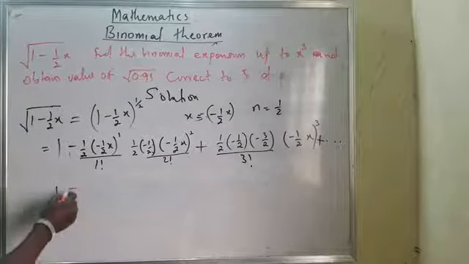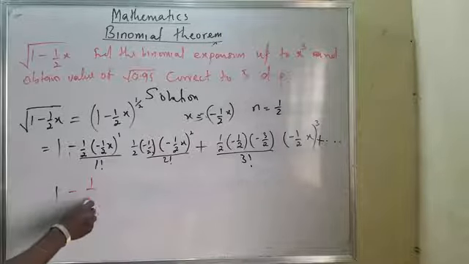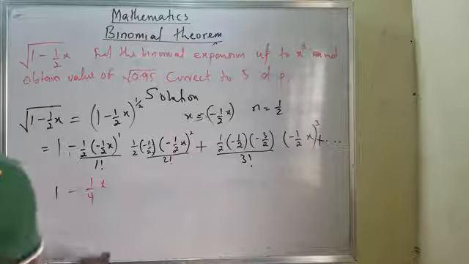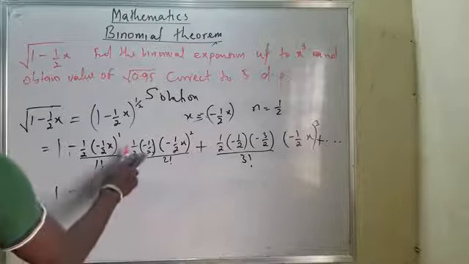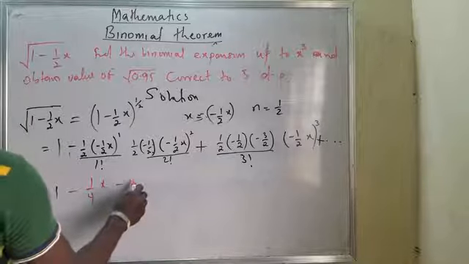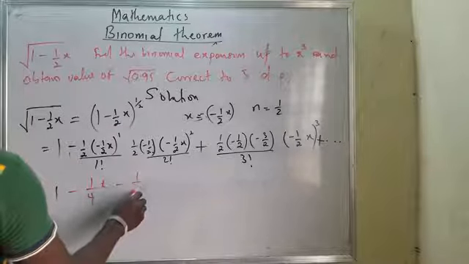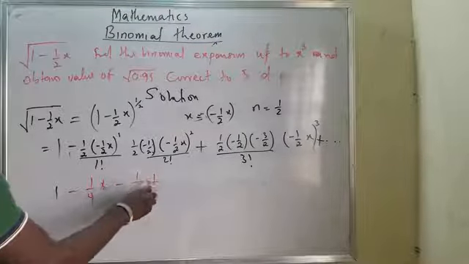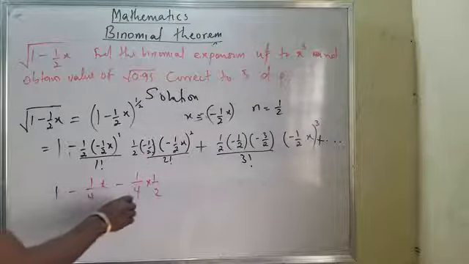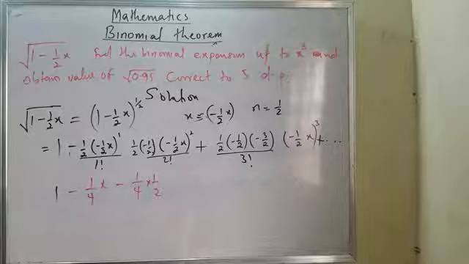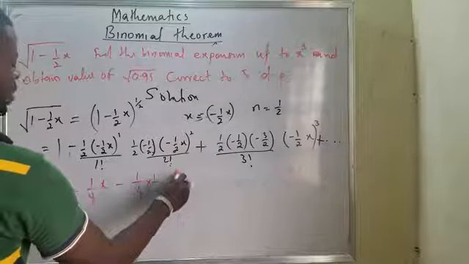This one will be minus 1 all over 4x, and this also will be minus, this one will be 1 all over 4, and also 1 all over 2, and this is 2 factorial, which is 2 times 1.